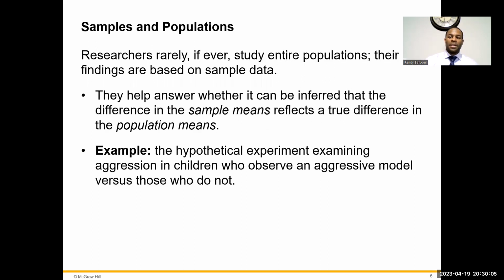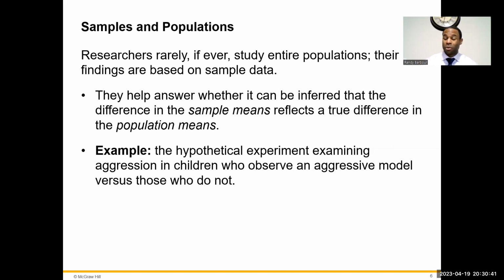Okay. But again, with what we do as researchers, it's almost impossible to study an entire population, right? So I couldn't take an entire population of a school and send that entire population through an intervention like the one I mentioned before. So what I could do, and what many of you are doing, is you're taking a sample, either random sample or convenient sample. You're taking a sample out of a population, and then you're going to use the results that you get from that sample, and you're going to try to draw inferences or a conclusion back to the population, right?